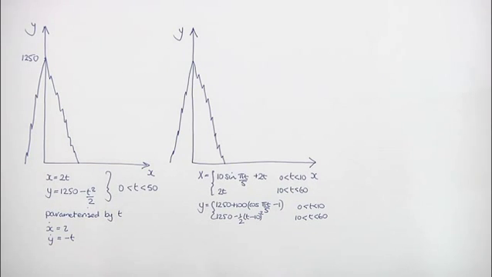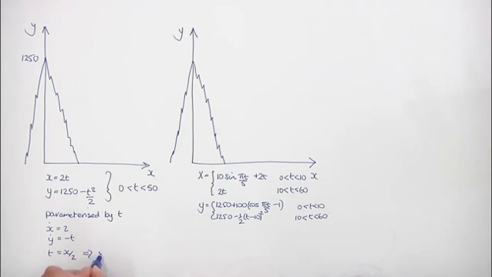To plot the trajectory is more difficult since we want to plot a relationship between x and y with no t in sight. It's not that hard though in this case. We just eliminate t by writing t is equal to x divided by 2.